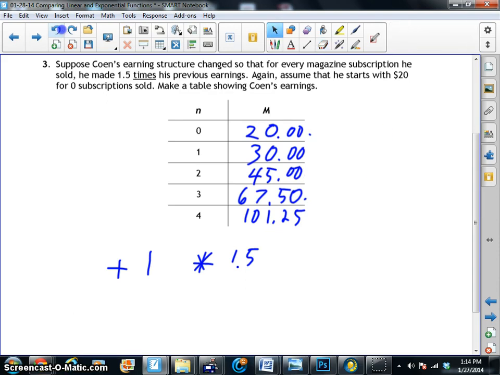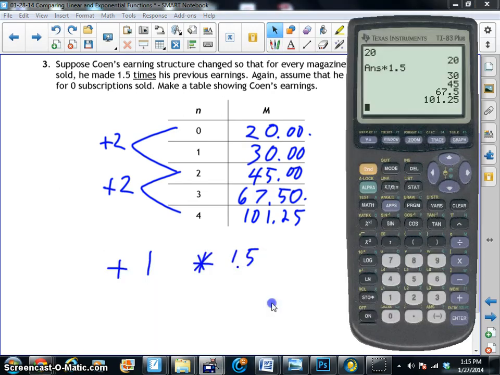So let's see, what is this add rule? We add 2. We have to look at the difference right here. How much does it change? If I take 45 divided by 20, that gives me 2.25. Where do we get 2.25? Let's try this: 1.5 times 1.5. Hey, that's 2.25.